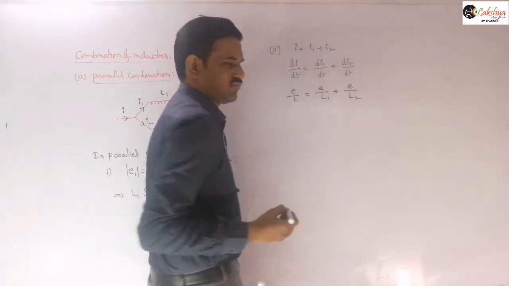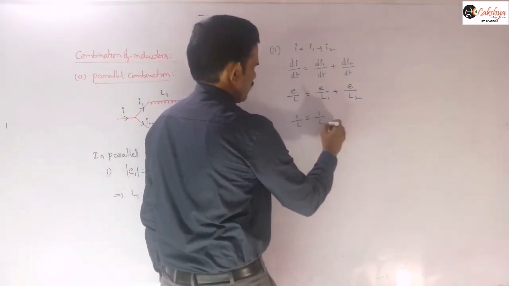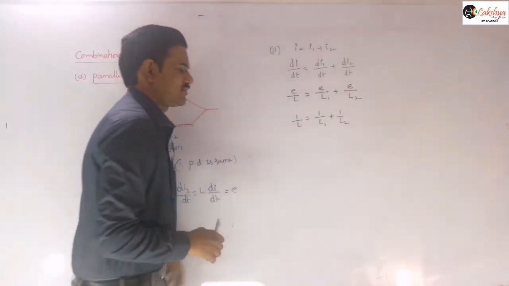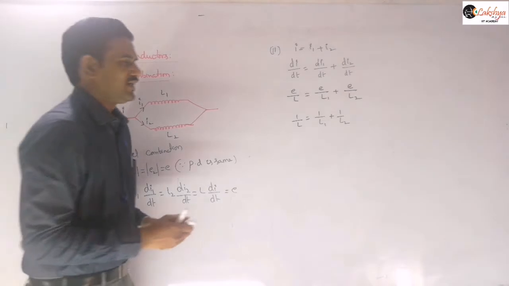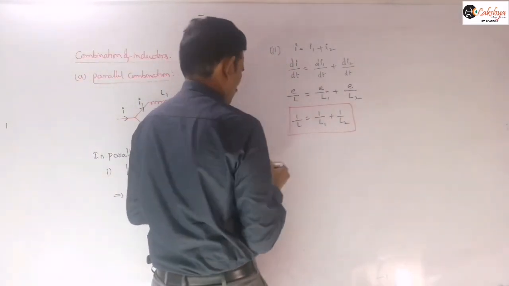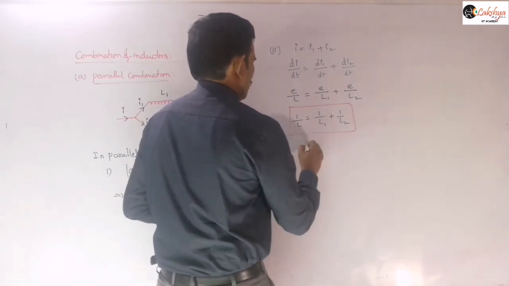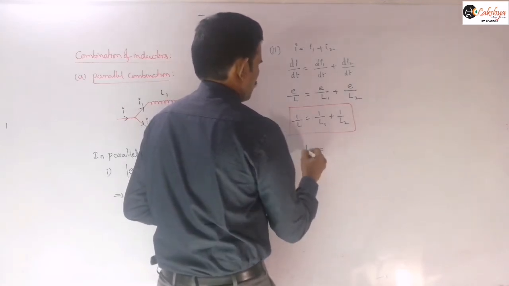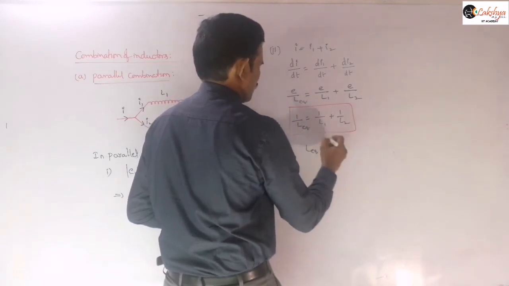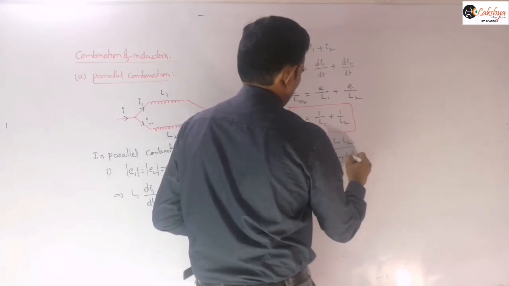So now we know E value will be same, and so you can cancel that. So 1 by L is equal to 1 by L1 plus 1 by L2. Now we can write. So it is the equivalent inductance of the two coils when they are connected in parallel there. Therefore, L equivalent you can write as L1 L2 by L1 plus L2.